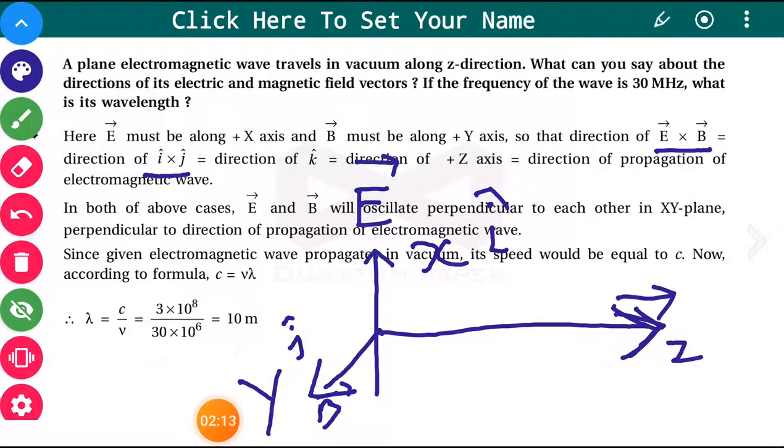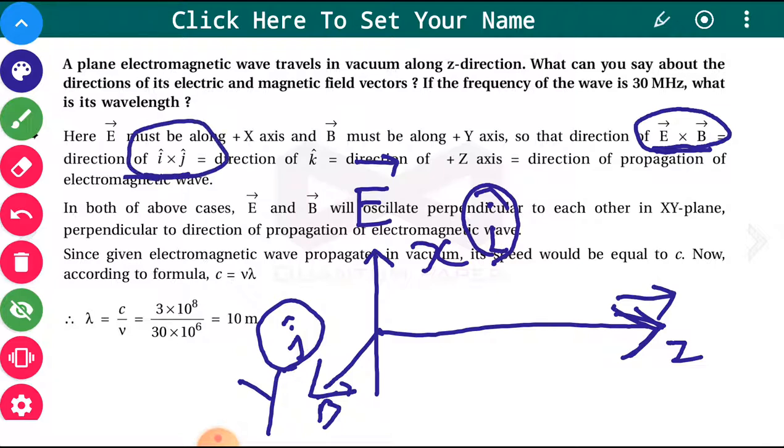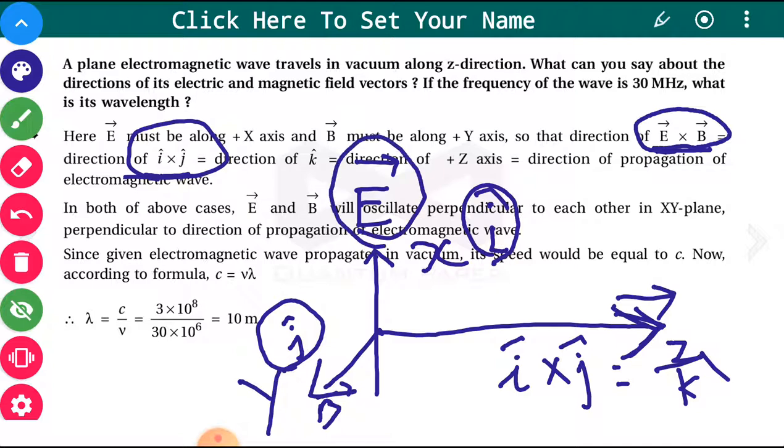So we will have the magnetic field vector oscillating in y direction, and if you take i cross j, try to understand, that is giving you E cross B, and E cross B must give the direction of propagation, and if you take i cross j, then you will get the k cap, because i cross j is nothing but k cap, and that gives you the direction of propagation, that is z axis. So i is x axis, so E vector must be in x direction and B vector must be in y direction.